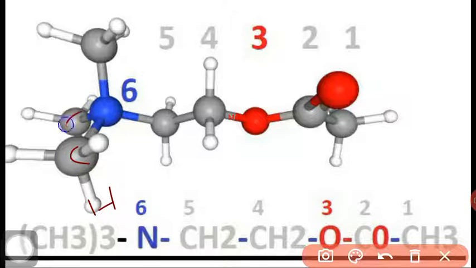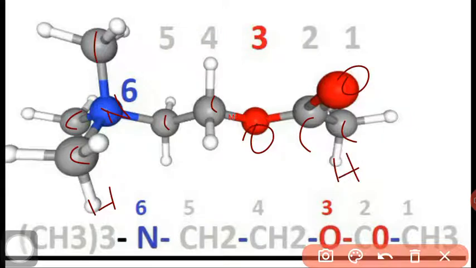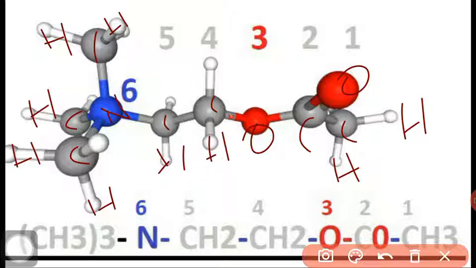This is carbon, carbon, nitrogen, carbon, carbon, carbon, oxygen, oxygen, carbon, carbon, hydrogen, hydrogen. The same structure without hydrogen and with hydrogen for our simple viewing. So, nothing important, or no difference between this one and that one.